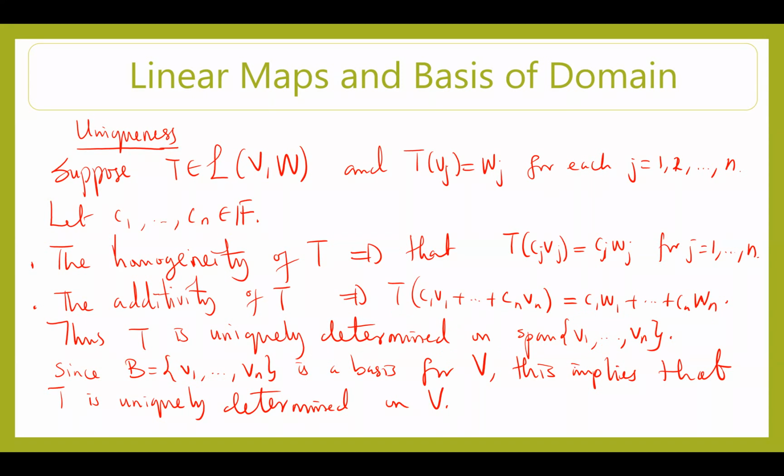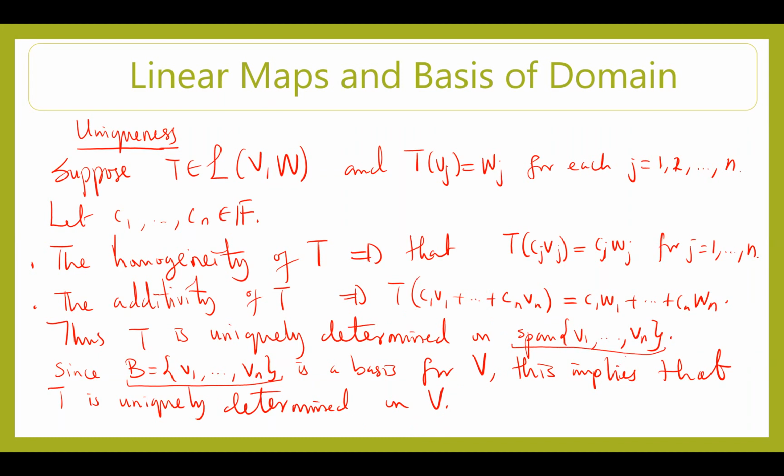All right, if that is true, the fact that B now is a basis for V means I can move from the span to the entire V, okay, because it's a basis.